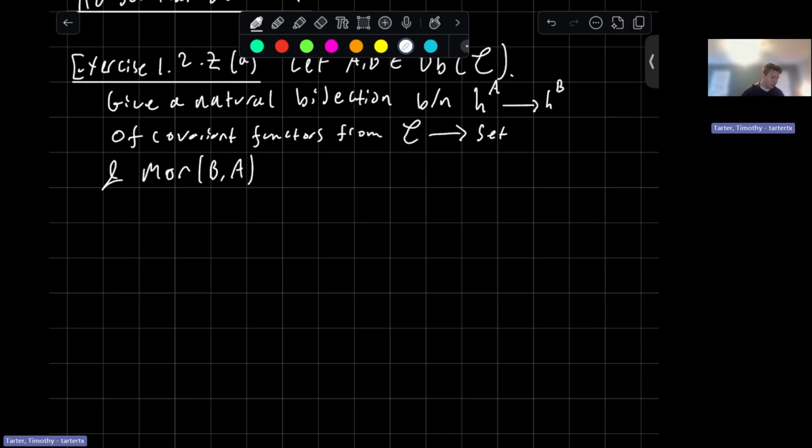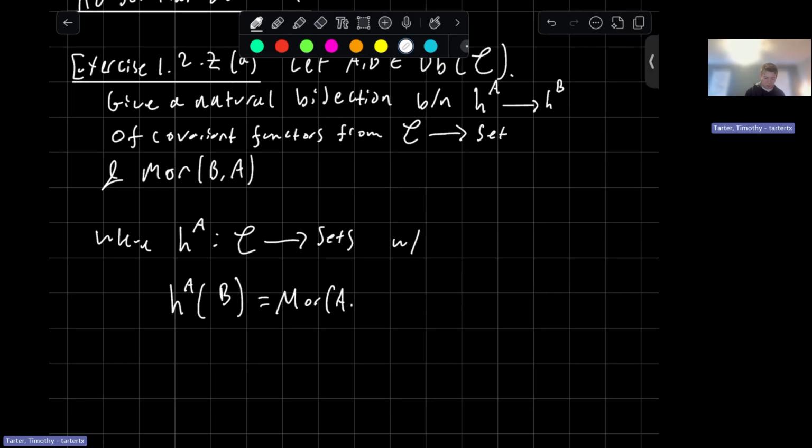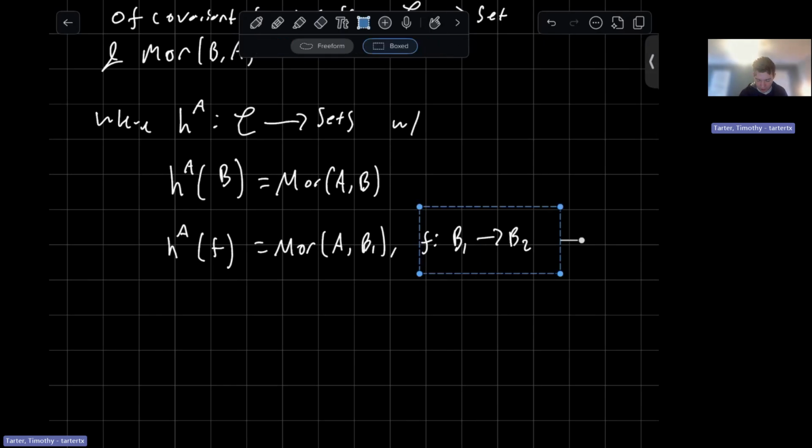Okay. So we're defining h^A as a functor from C to sets, with h^A of B equals the morphisms from A to B. And h^A of f, for f in the morphisms from B1 to B2, is composition with f.